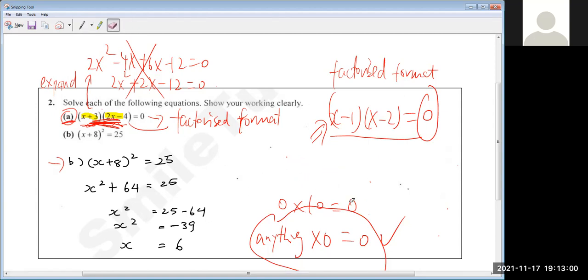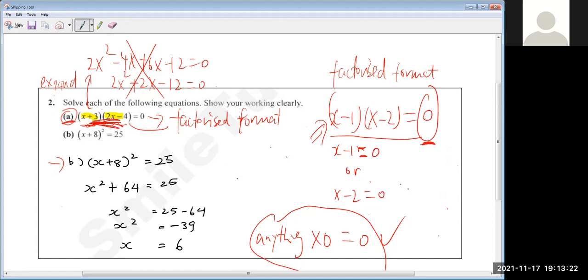Okay, I'm going to show you. So the concept of anything times 0 equals to 0. So that means what? That means if you want to get 0 over here, what you need to do is you can either x minus 1 equals to 0 or x minus 2 equals to 0.